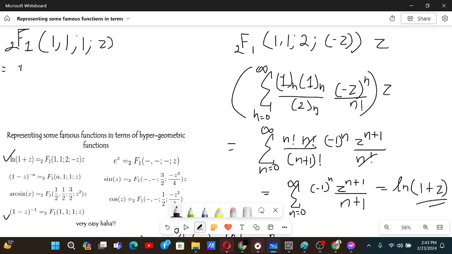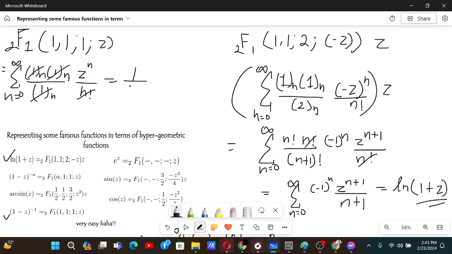So this is the sum going from n equals 0 to infinity of 1 base n, 1 base n, and downside also 1 base n, and then g to the power n by n factorial. Now we know that the 1 base n terms cancel out, and the n factorial also cancels out, so we see that this is exactly a geometric series, and if the modulus of g is less than 1, then I can write this as 1 by 1 minus g.